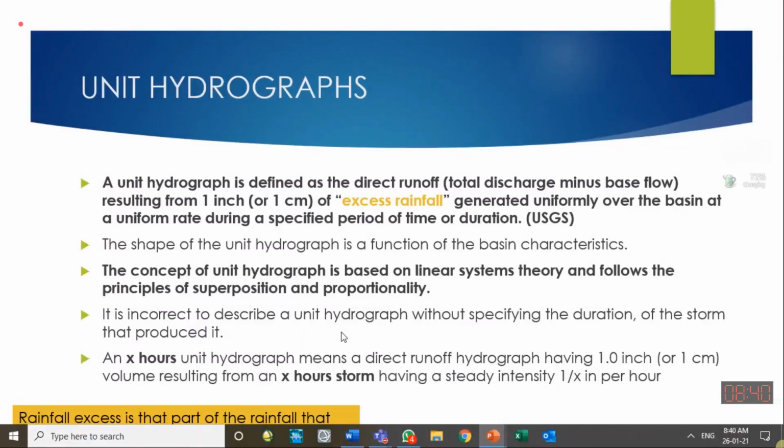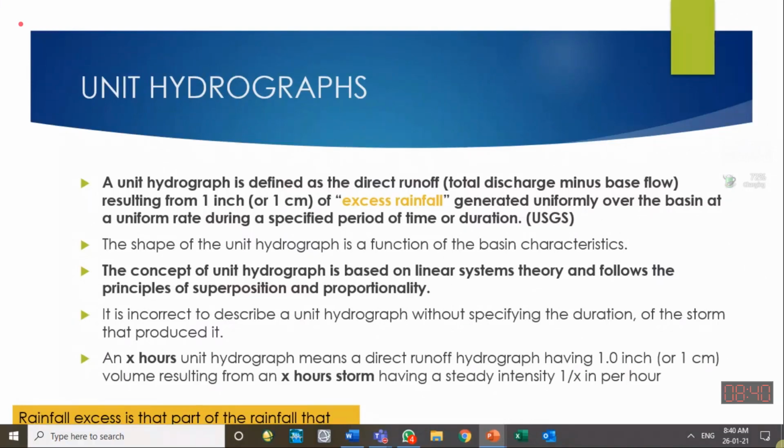So it is incorrect to describe a unit hydrograph without specifying duration. Whenever somebody tells you this is a unit hydrograph, the first question should be: tell me the storm duration for which this unit hydrograph is effective, for which it has been made. We know the storm duration changes the intensity of the rain and the behavior.